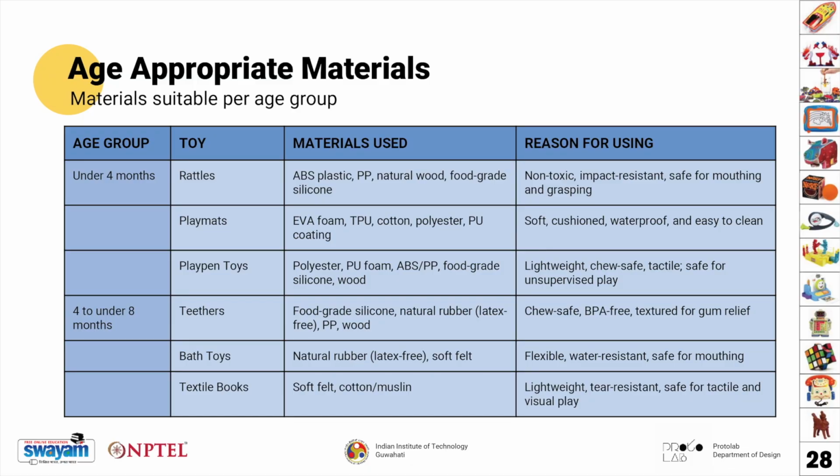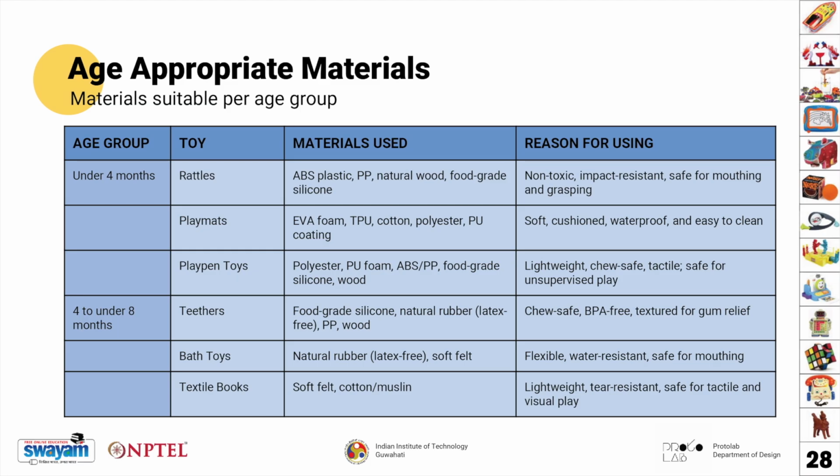For infants under 4 months, toys such as rattles are commonly made from materials like ABS plastic, polypropylene, natural wood, and food grade silicone. These materials are chosen because they are non-toxic, impact resistant, and safe for babies to grasp and mouth.